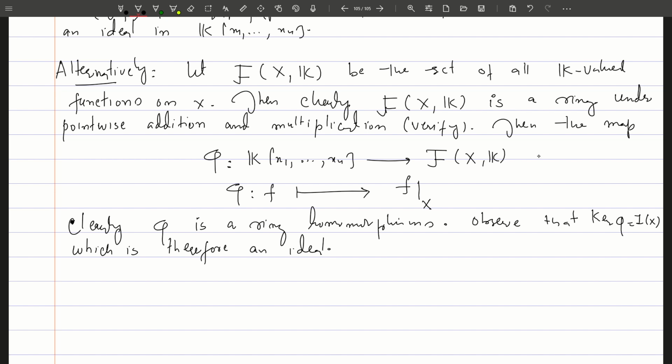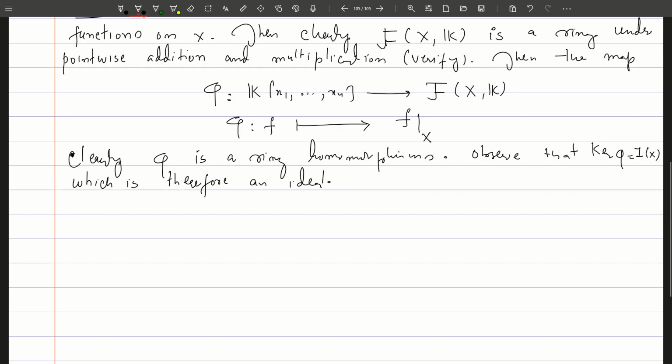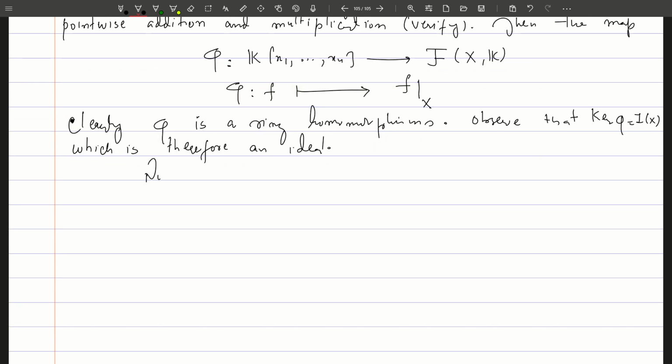So one can note here that the image of phi is the ring of all polynomial functions on V. So note that the image of phi is the ring of all polynomial functions. So this phi is actually the evaluation map.